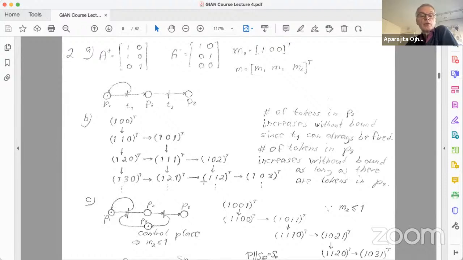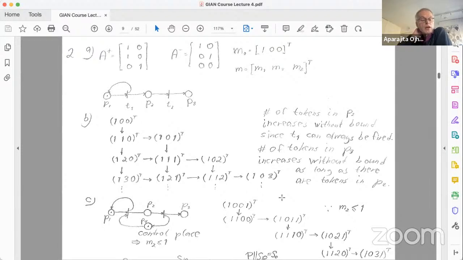And after 3 transitions, you have no token more in the second, but 3 in the third place. The number of tokens in P2 increases without bound, since T1 can always be fired. The number of tokens in P3 increases without bound as long as there are tokens in P2.